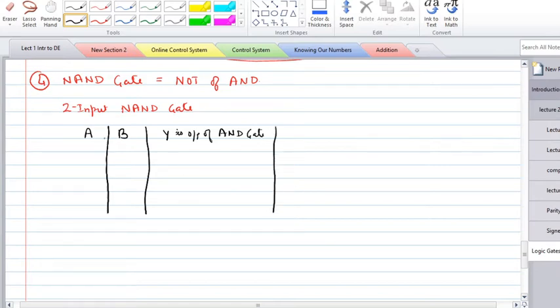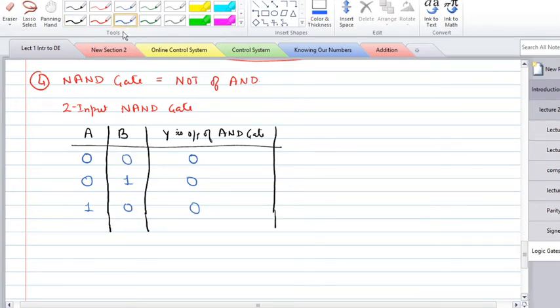Then for 0-0 combination, output will be 0. For 0-1 combination, output will be 0. For 1-0 combination, output will be 0. And for 1-1 combination, the output will be 1.